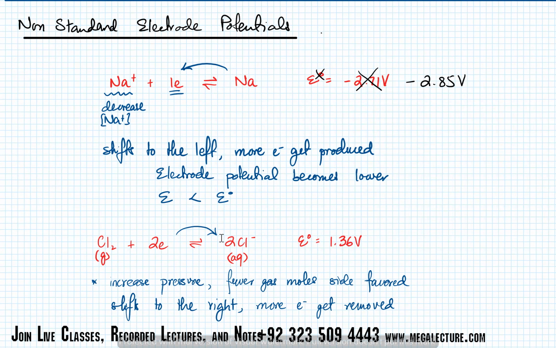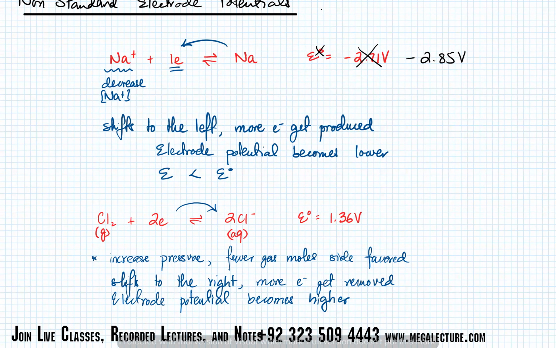And when they start gaining electrons, the platinum electrode will have fewer electrons. So it will become more positive. So electrode potential becomes higher. So your electrode potential would increase, and your new potential, your E, will be greater than the E naught.